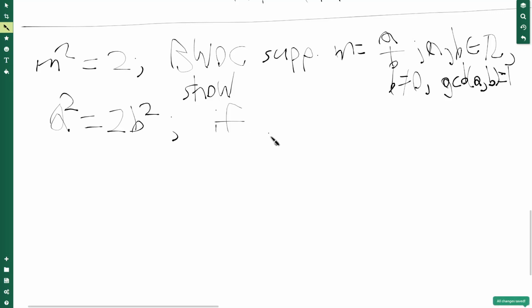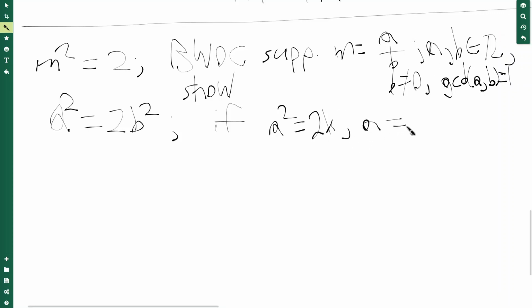that if a squared equals, let's just say 2k, I'm not going to define what set these constants are in, because it should be fairly obvious.